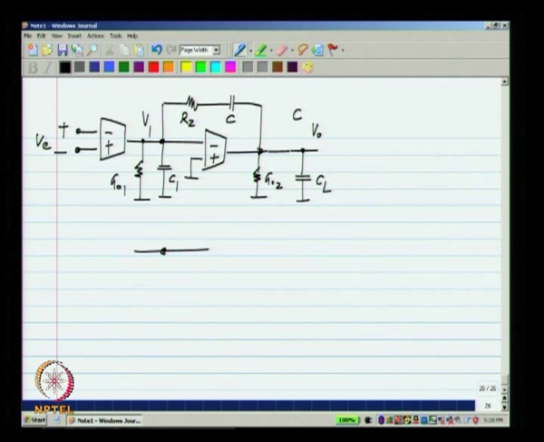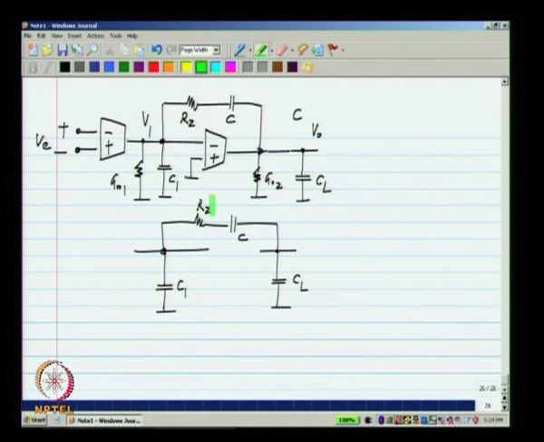We will just have Rz, C, CL, and C1. In a way you have an RC circuit involving this Rz and these three capacitors in series, because after all this is just ground and these two are together.